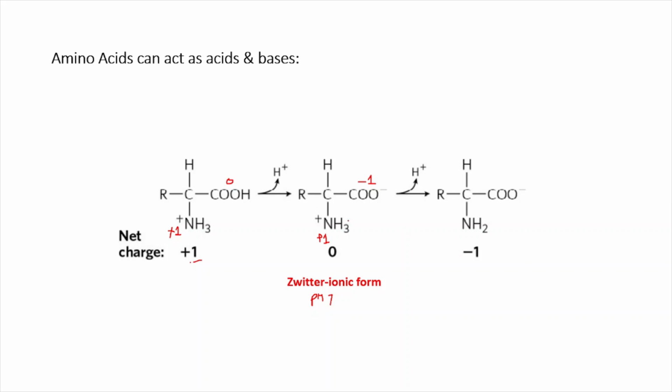Then, the second time, this NH3 plus group loses a proton, and the charge on the NH2 group is 0 and the charge on the COO minus group is -1. So the overall charge becomes -1. First, the carboxylic group loses its proton at the initial low pH.